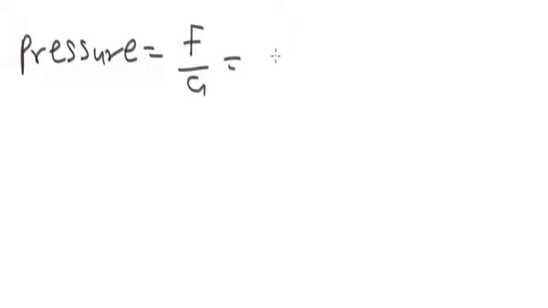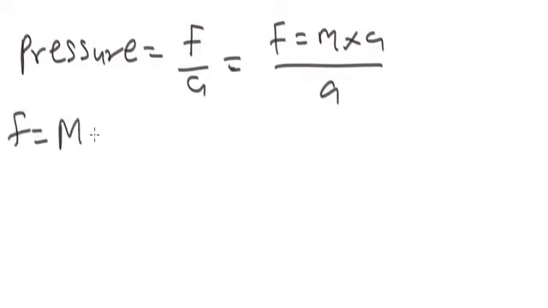Let's solve another example. What if you are asked to find the dimension of pressure? Pressure is calculated using force over area, and force is mass times acceleration. Remember, we got the dimension of force to be mass times length per time square.